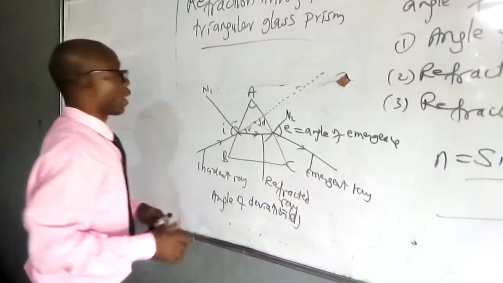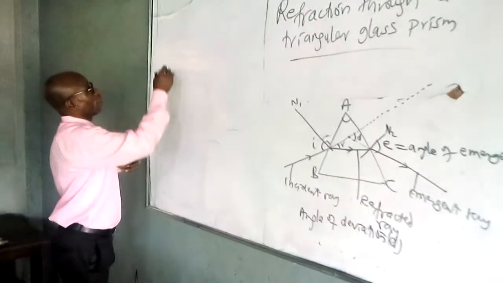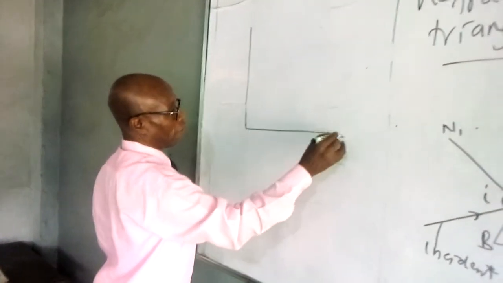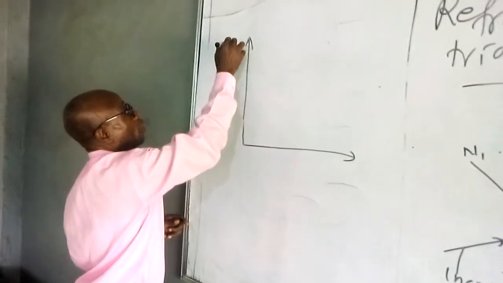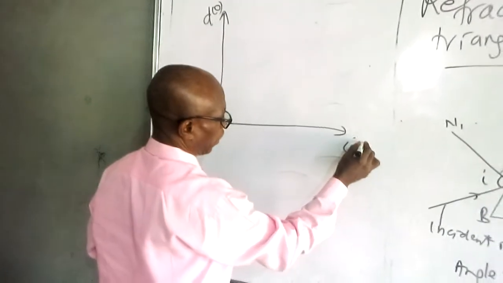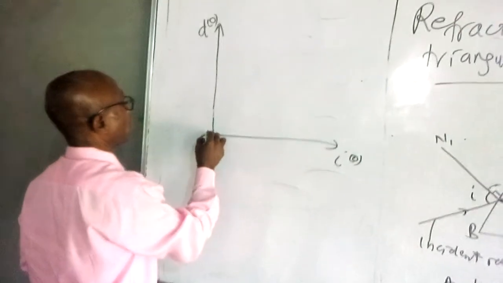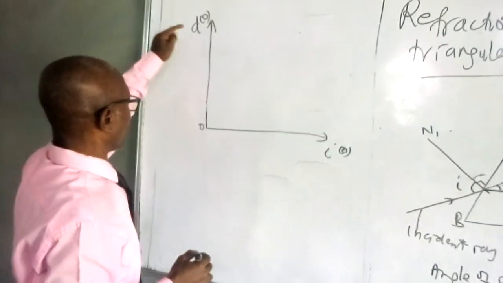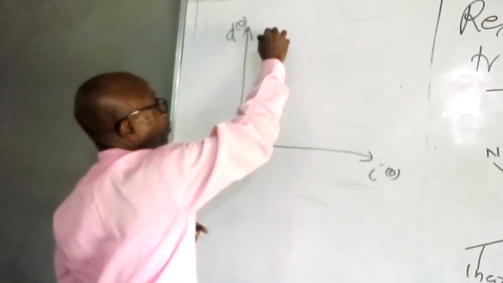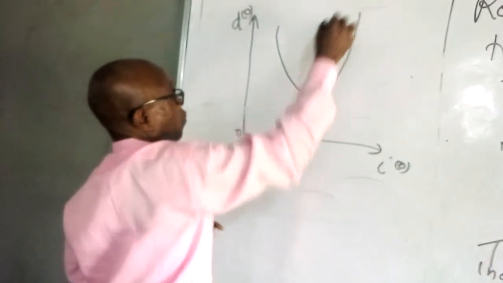So if we plot a graph of the angle of deviation, d in degrees, against I in degrees, and this is the origin, plotting d against I, it will be a curve, to give us this kind of curve.